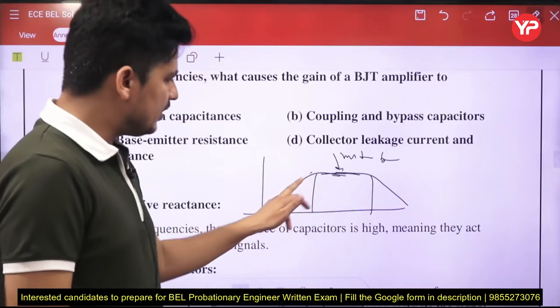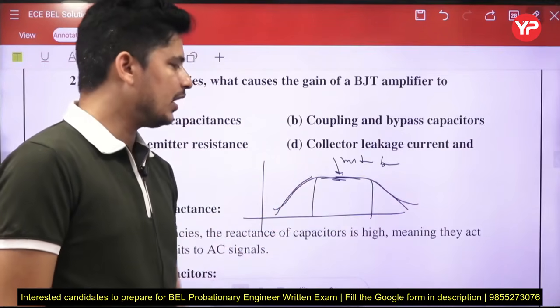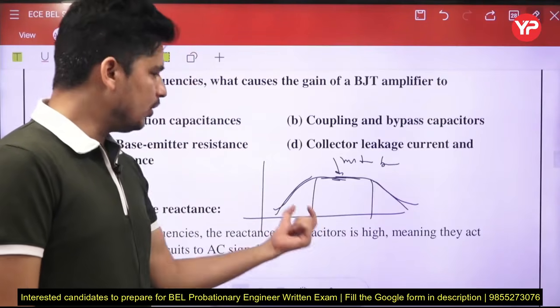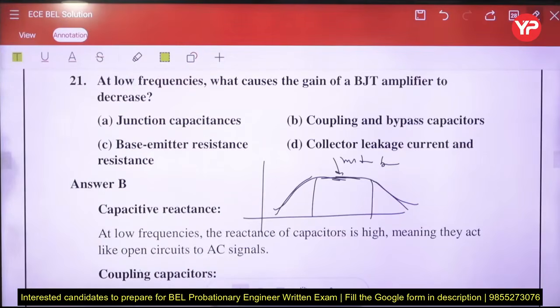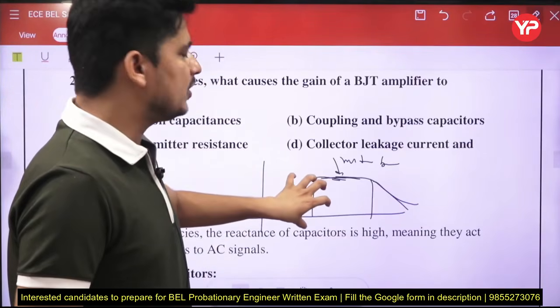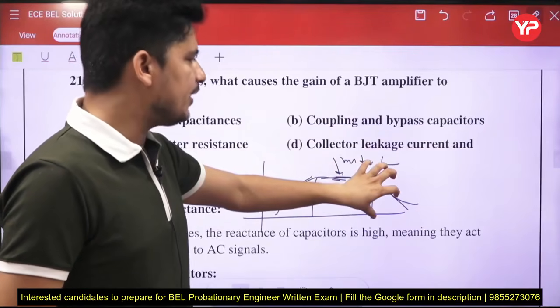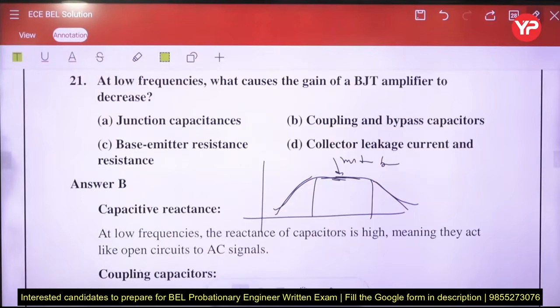Above this frequency, which is called the higher cutoff frequency, the gain decreases. Below this one, the lower cutoff frequency, the gain also decreases. The main reason is that at lower frequency, the gain decreases due to the coupling and bypass capacitors inside the amplifier. At high frequency, the gain decreases due to the junction capacitance of the amplifier, right?